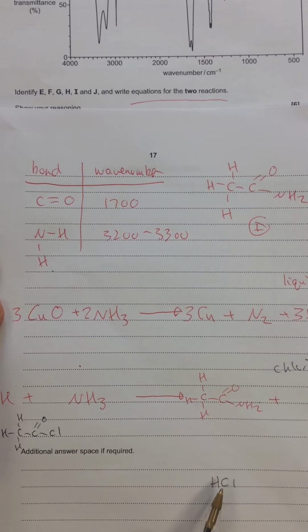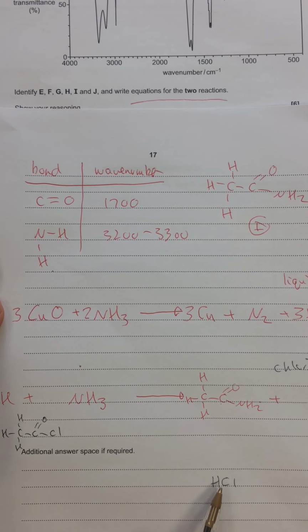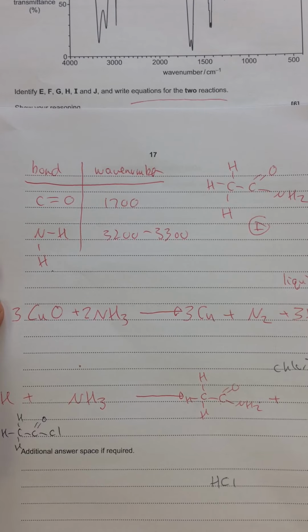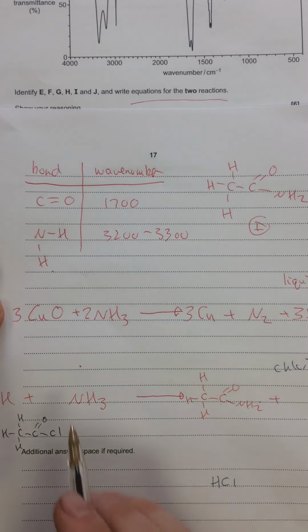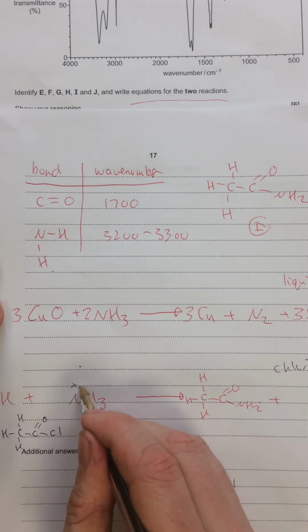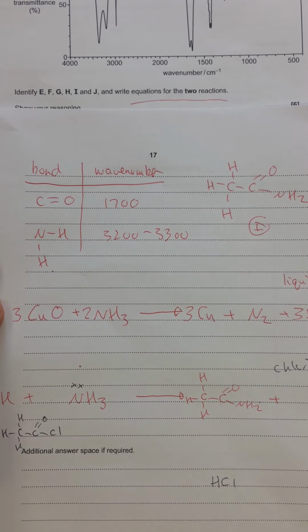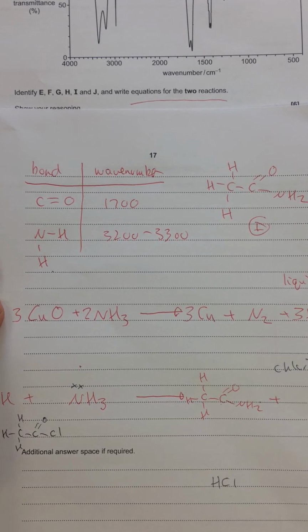But the question didn't say we ended up with HCl, it said we ended up with a chloride salt. So what's happening here then? So HCl is an acid, the clue's in the name, hydrochloric acid. Ammonia, as the nitrogen has a lone pair, is a base. Well, what do acids and bases do? They react together.